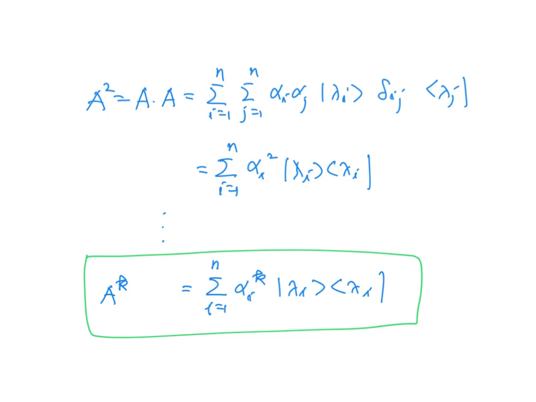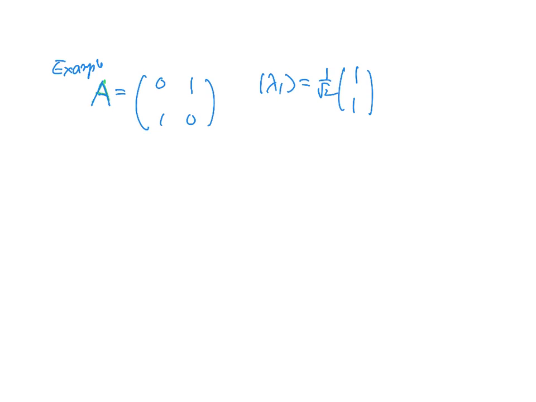For example, let's go back to the A example: 0, 1, 1, 0. Then we know lambda 1 is square root of 2, with eigenvector 1, 1. Lambda 2 is square root of 2, with eigenvector 1, minus 1. Alpha 1 is plus 1.